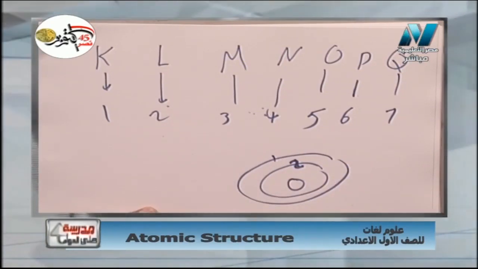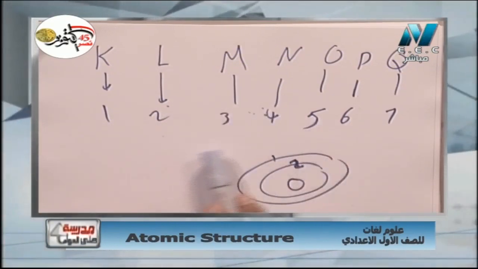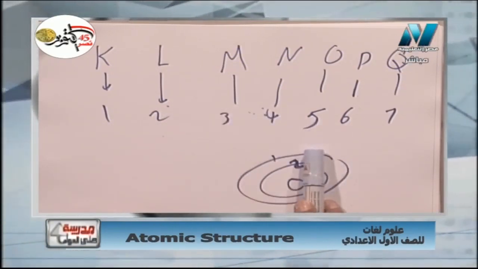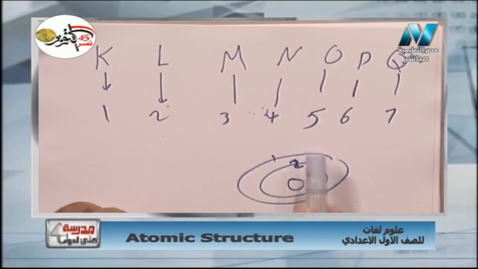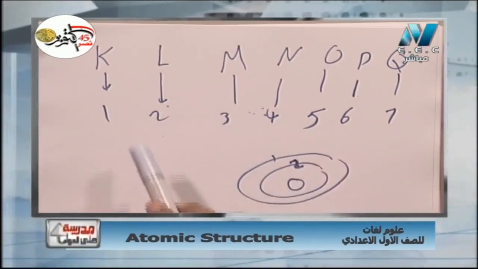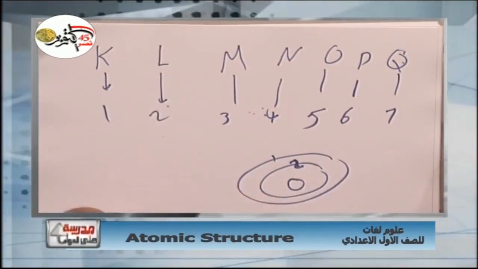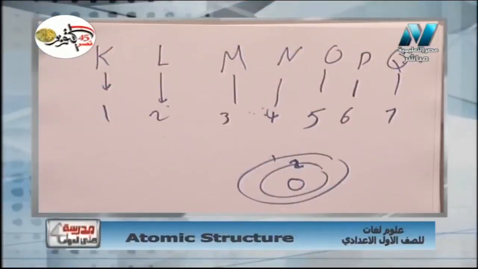But the heaviest atom includes the 7 energy levels, K, L, M, N, O, P, Q. And the lightest one, which is hydrogen, contains just 1 energy level. So the atoms differ from each other in the number of what?